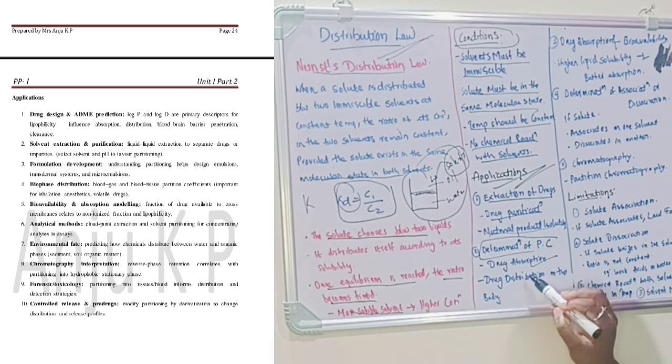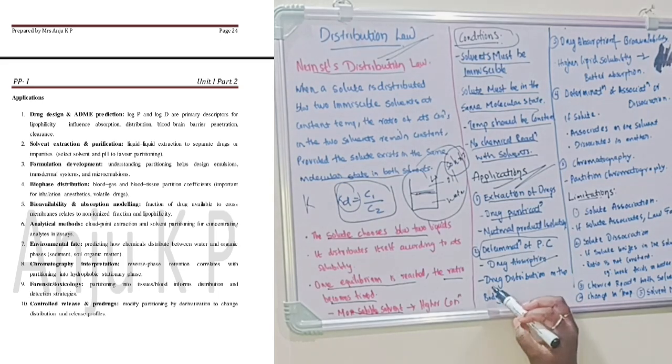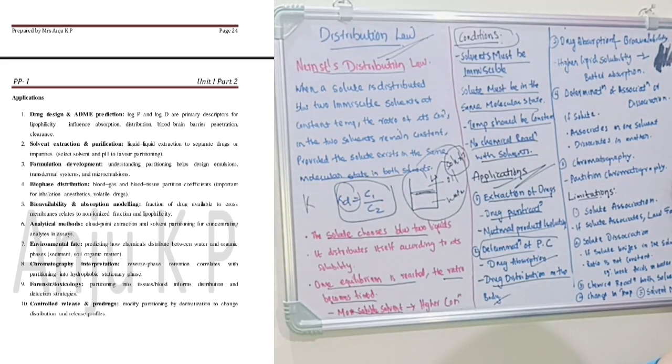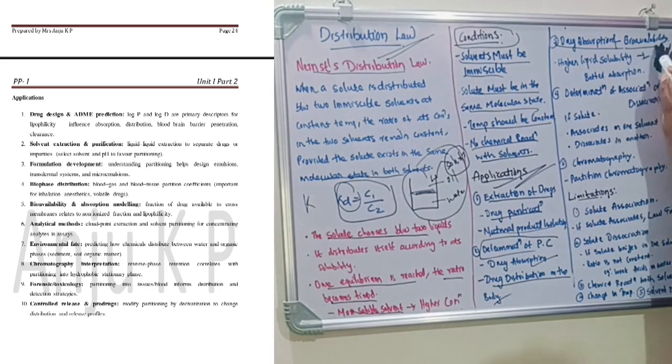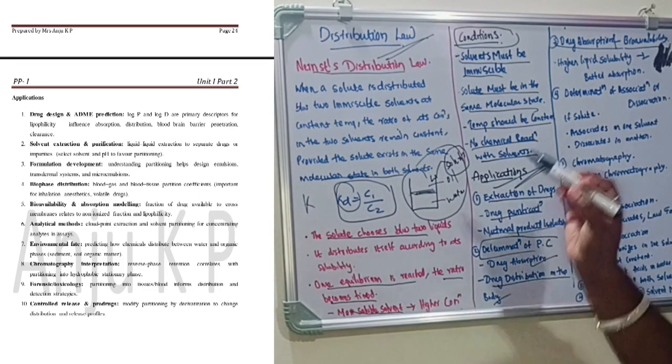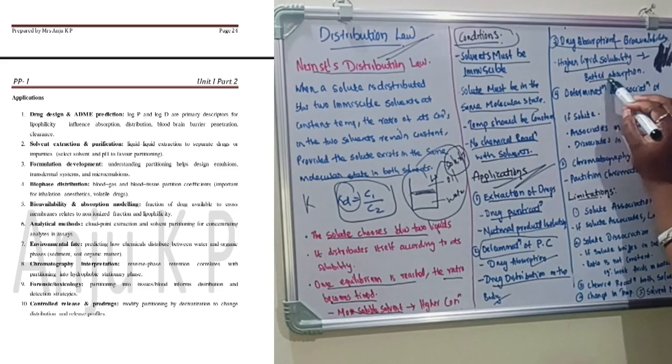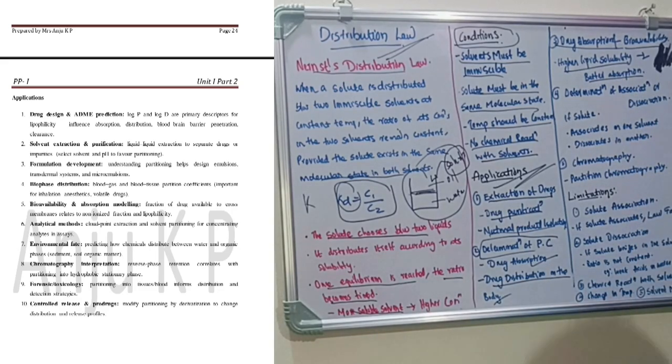In that we can learn about drug absorption, how your drug is going to get absorbed, which is based on the partition coefficient. Then drug distribution in the body, how your drug is going to get distributed in the body. Next comes drug absorption and bioavailability: the higher the lipid solubility, the better the absorption.